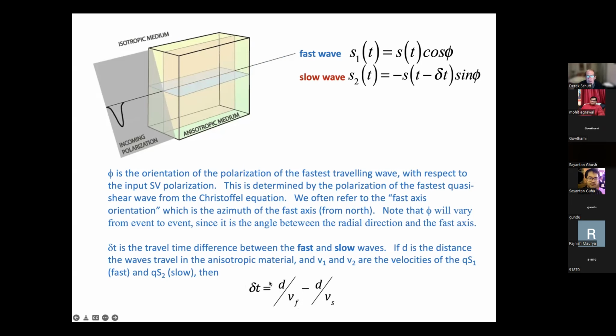Typically, we expect dt of roughly 1 second, and for a typical value of anisotropy, we generally consider v fast and v slow to be offset by about 4% from each other. This would imply that a dt of 1 second corresponds to about 100 kilometers of wave propagating through anisotropic material.